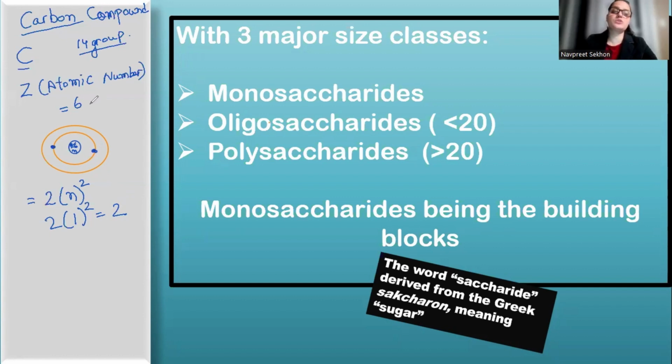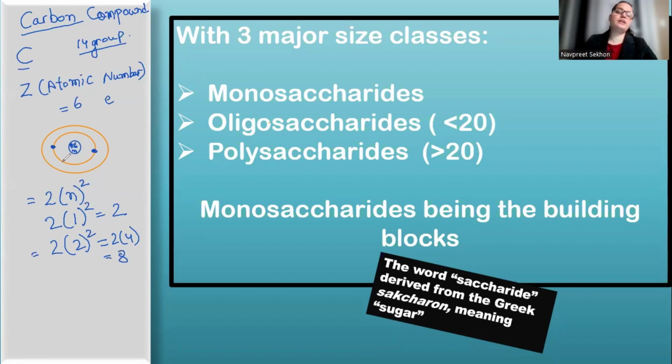So there are the total 6 electrons over here. Out of these 6 electrons, 2 have been accommodated in the first shell. So we are left with 4 more. Now, if we try to find the total number of electrons which can be accommodated in the second shell, according to the formula, we put 2 over here, and it becomes 2 times 4, which is 8.